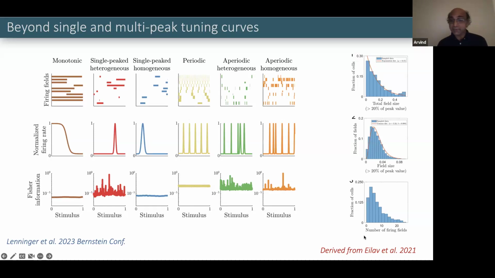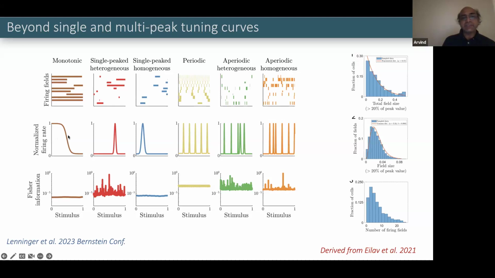And we actually took some data from this paper from Nakrum's lab, where they had given some idea about how the field size is distributed and how many multiple fields each cell has and so on. So we use this data to construct now different types of tunings, monotonic to aperiodic and homogeneous, heterogeneous, and so on.